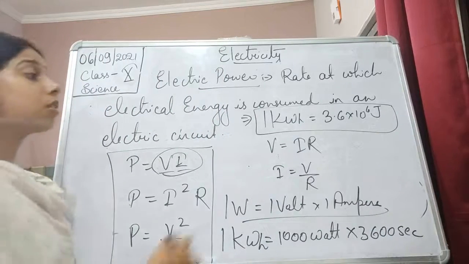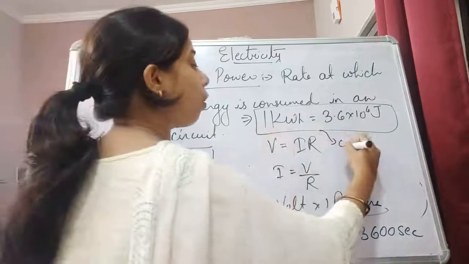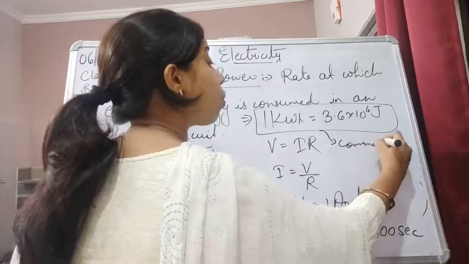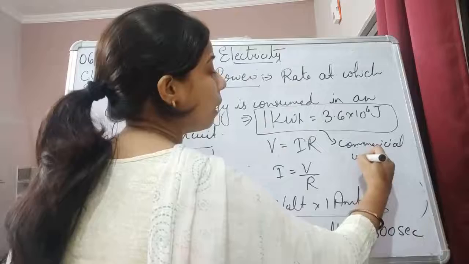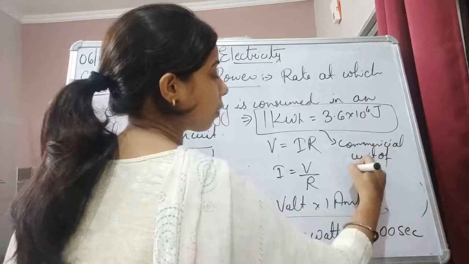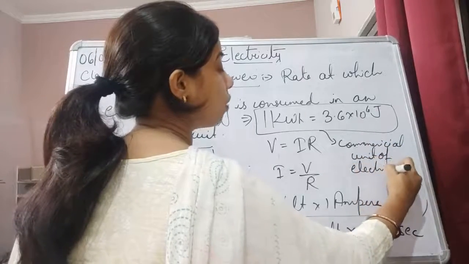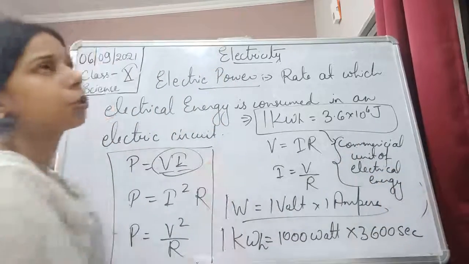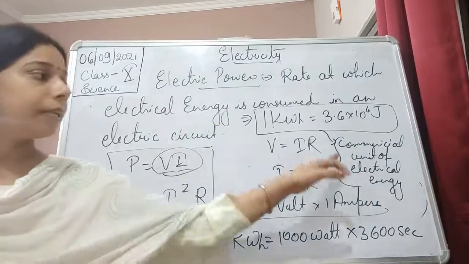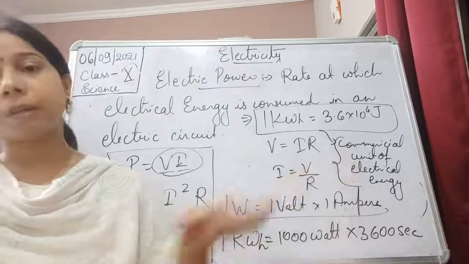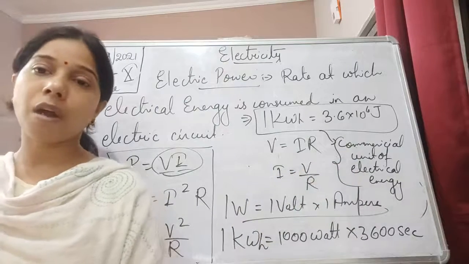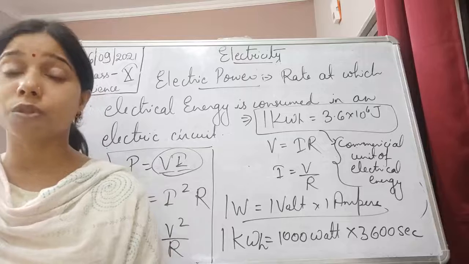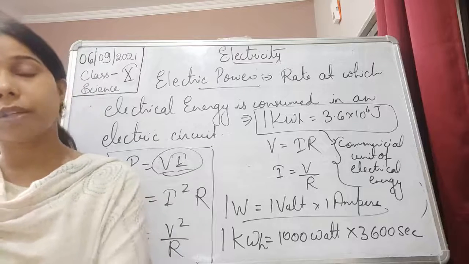This is the commercial unit of energy, students. When we talk about the commercial unit of electrical energy, you will find that in your house, the electricity bill never came in joule.